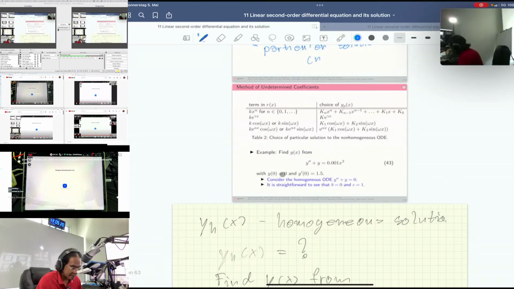the first example right here, which is y prime prime plus y equals to 0.